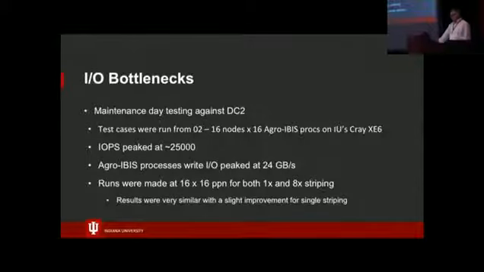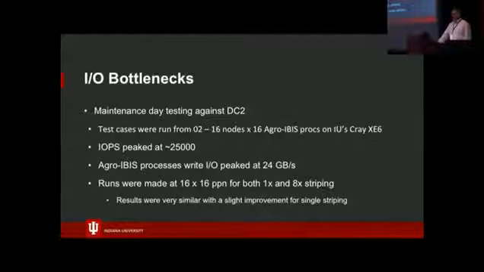So when we looked at I/O bottlenecks in the code, just by running some test cases during a maintenance day when the rest of the file system was quiet and there was not as much of a challenge getting plenty of nodes on the system to do testing, we saw that we had IOPS numbers that were peaking for those runs at about 25,000, which is a pretty large number for DC2, and we don't typically see numbers anywhere like that, certainly not sustained.